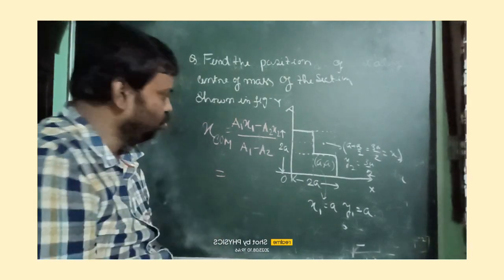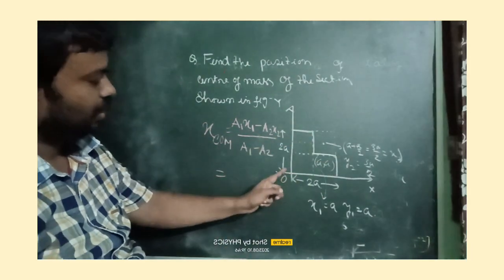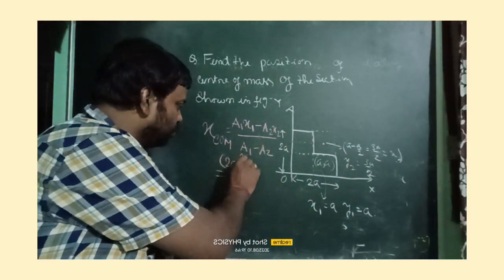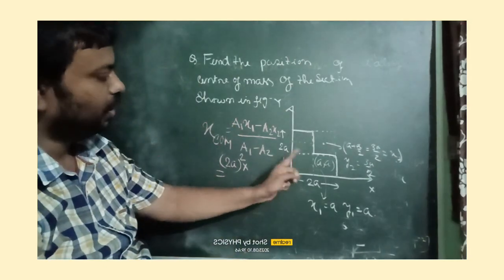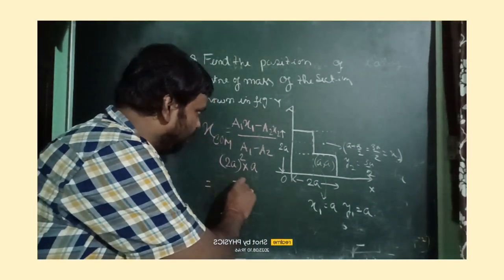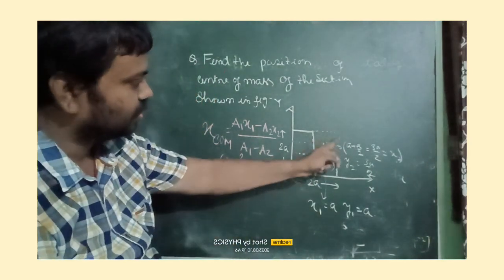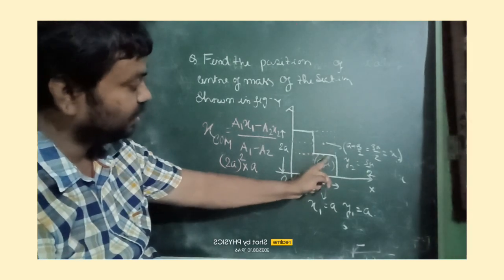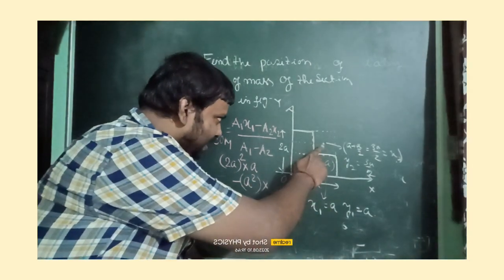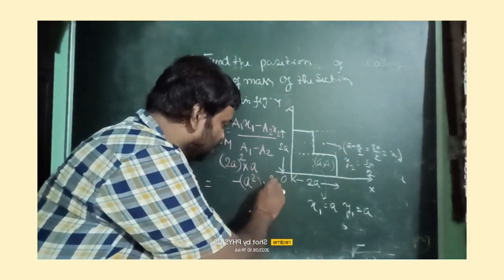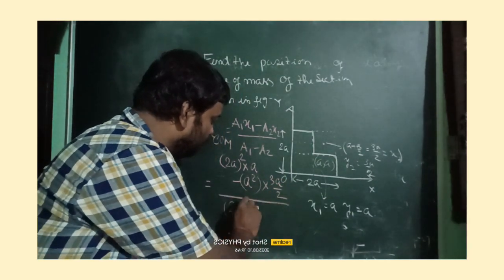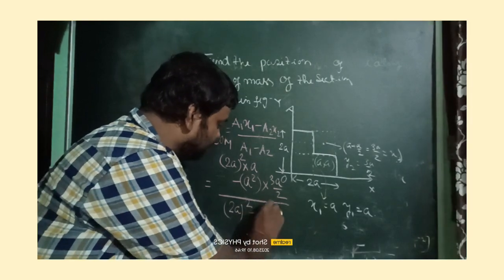Now A1 is the whole area, and what is the area of the square? (2A) whole square into x1, which is A, minus A2, whose side is A, so the area is A square, into whose center is 3A by 2, divided by (2A) whole square minus A square.